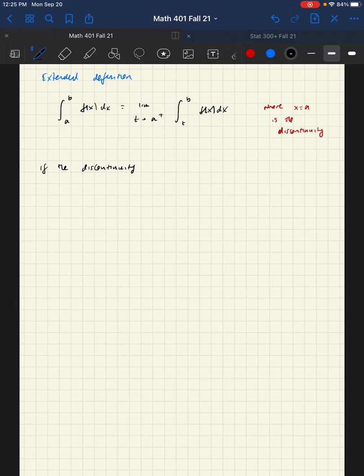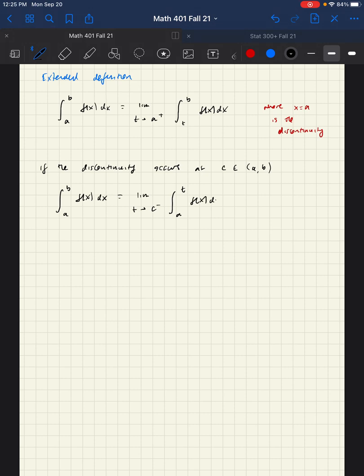And similarly, if the discontinuity occurs at some point inside the interval, let's call that c, somewhere in the interval a to b, not inclusive, then we define that integral as we split it up, essentially.